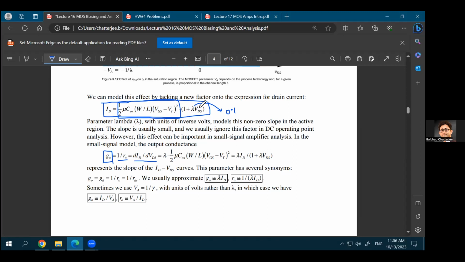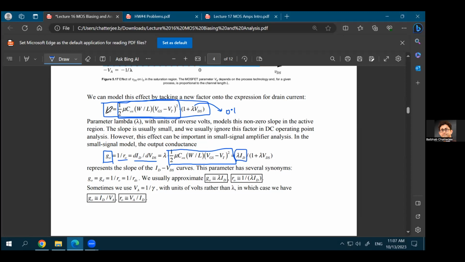So this lambda VDS multiplied with this entire term, you are taking a derivative of that. Your lambda will be outside, multiplied by half mu COX W over L times VGS minus VT whole squared. That would be your derivative of ID with respect to VDS, which is also equal to lambda times ID.